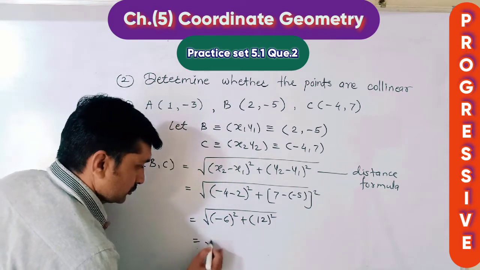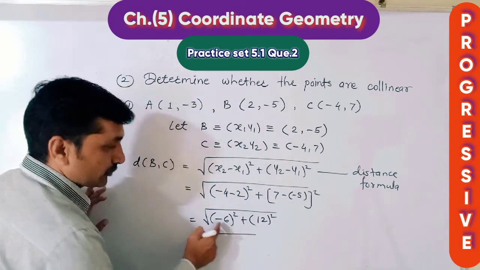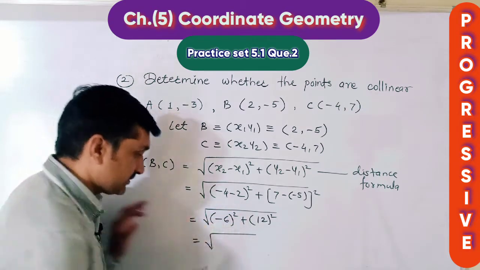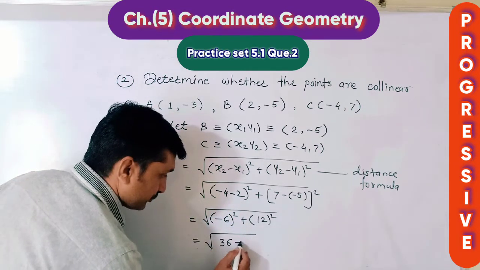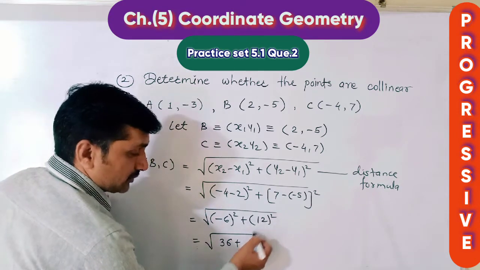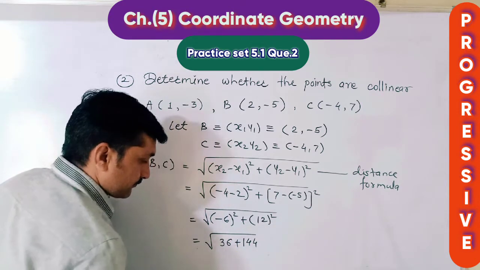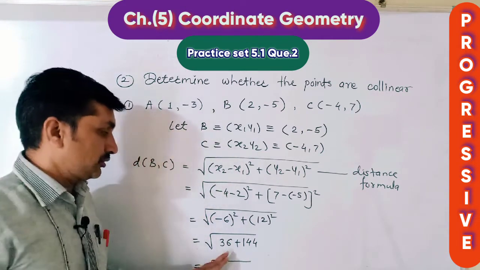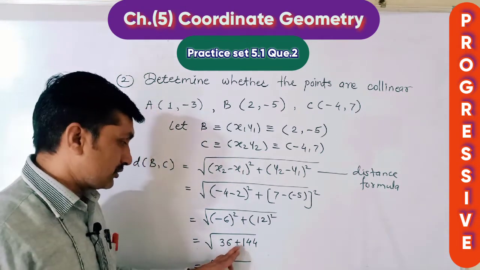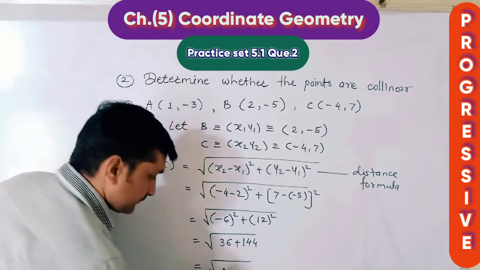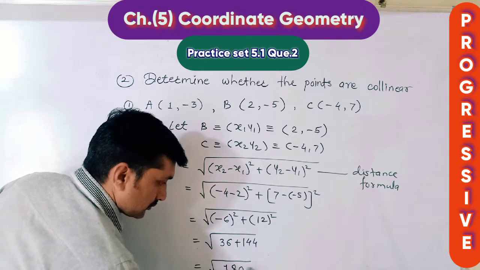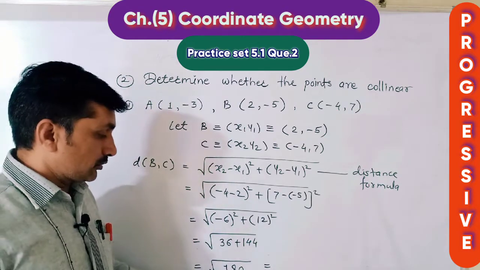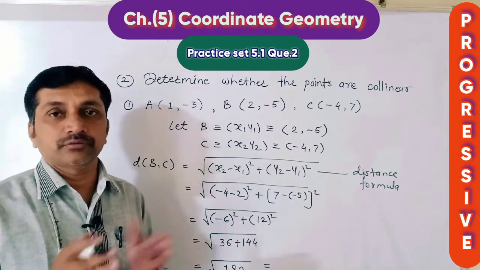Write the squares: square of minus 6, a square is always positive, 6 sixes are 36, plus square of 12 is 144. It is equal to the square root of the addition. What is the addition now? 180.